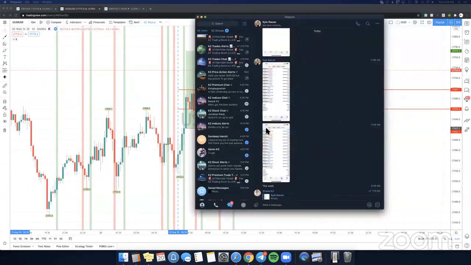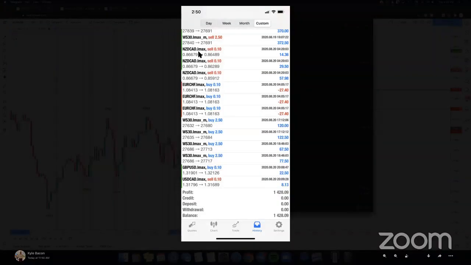Looking at Kyle's profits here, we called it NCAD. I called NCAD with 3 TPs. He put 3 positions, so he made 3 profits right there. With EuroCHF, we hit stop loss, so he had 3 losses. But for US 30 this morning, he did the same thing. He put 3 positions, so he made 1, 2, 3, and then this wasn't completed yet because this was midday.